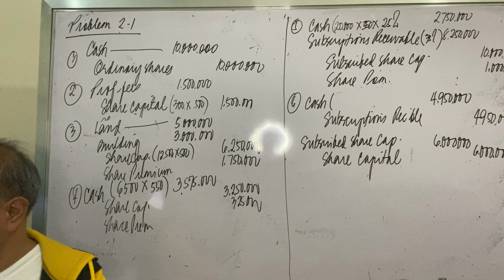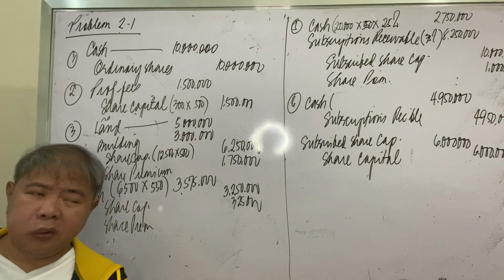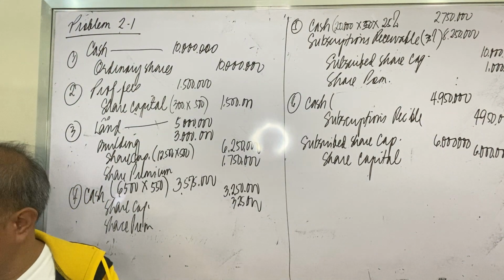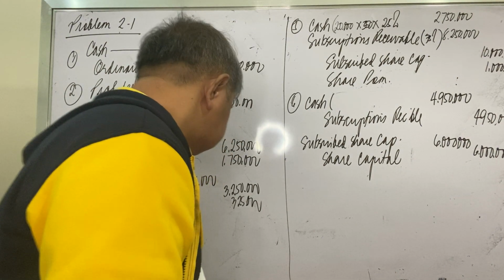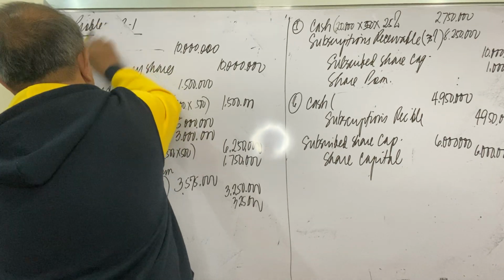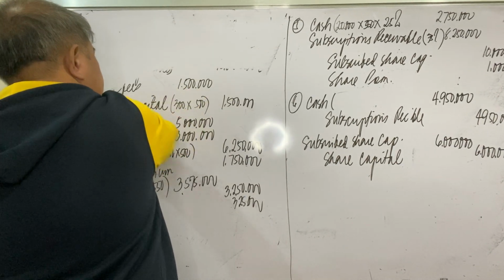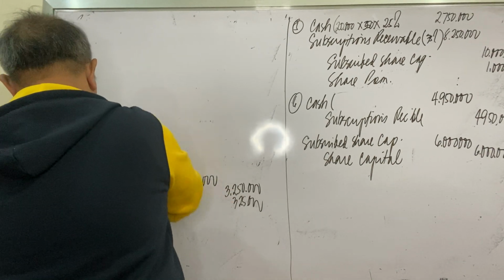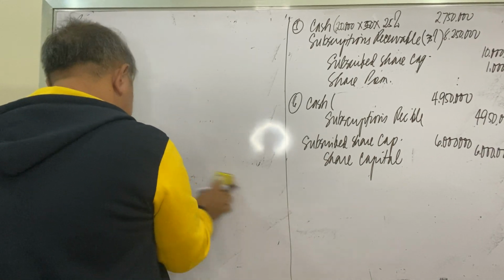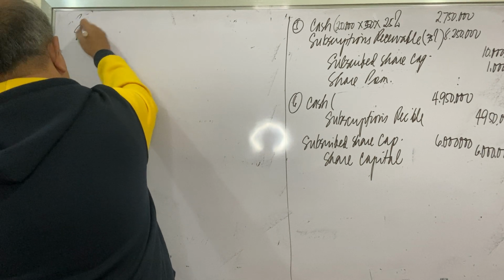Okay, so what are the things that can happen while the shareholders hold their shares of stock? Number one, there could be a share split.